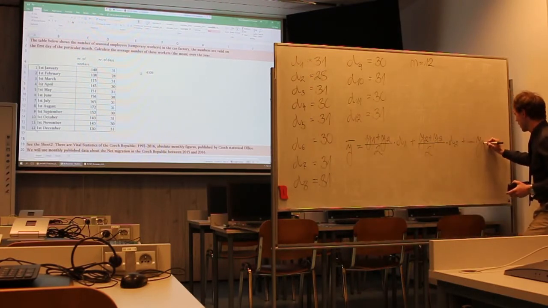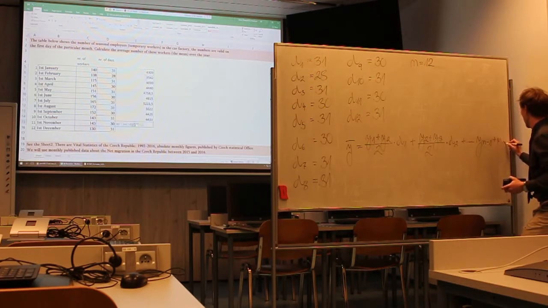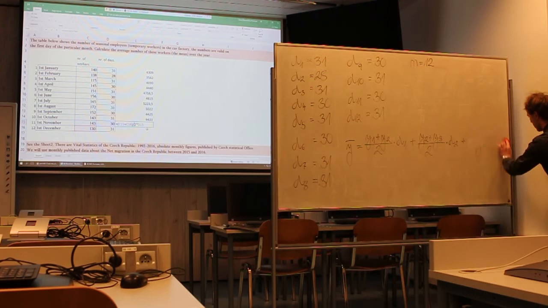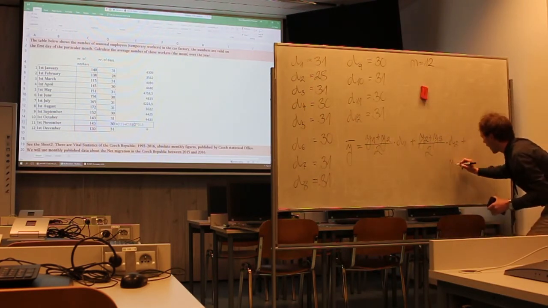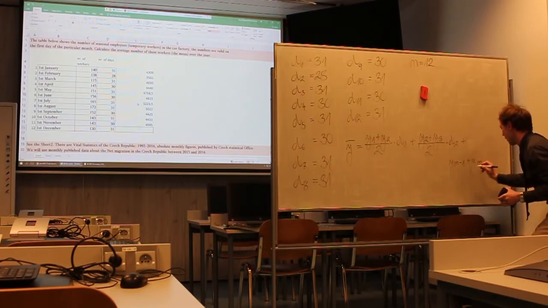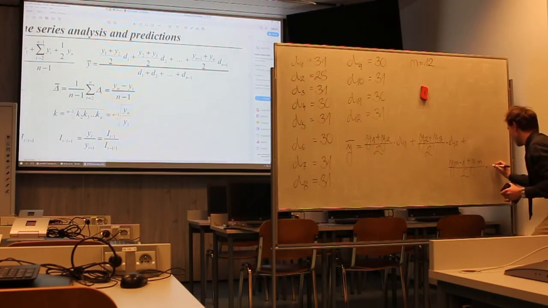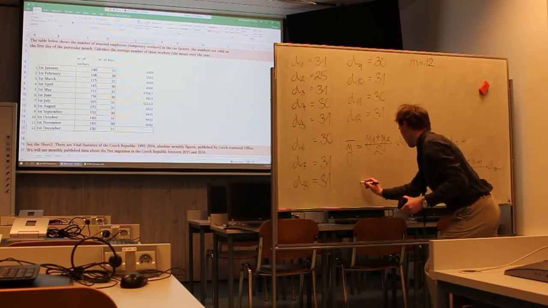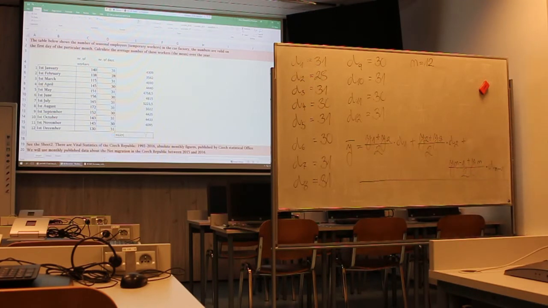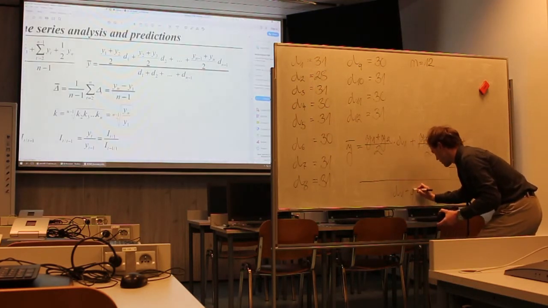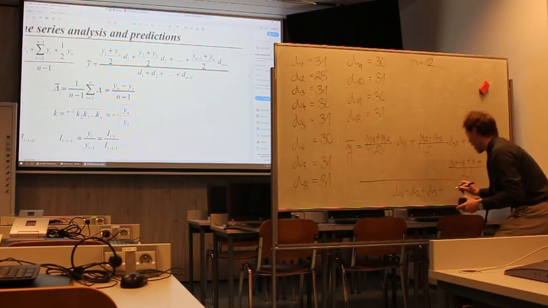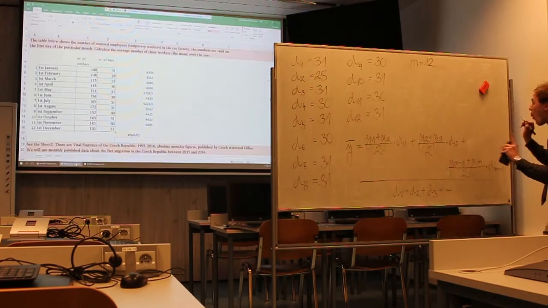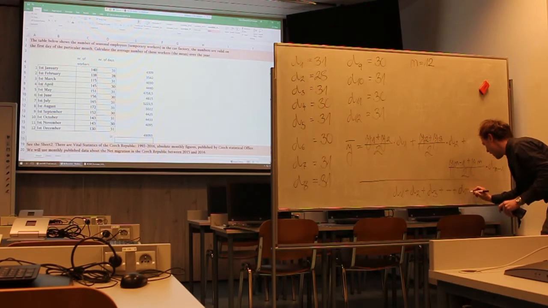This all is the numerator, and it is divided by the summation of weights, the summation of days: D1 plus D2 plus D3 plus, up to the last length, November, Dn minus 1.